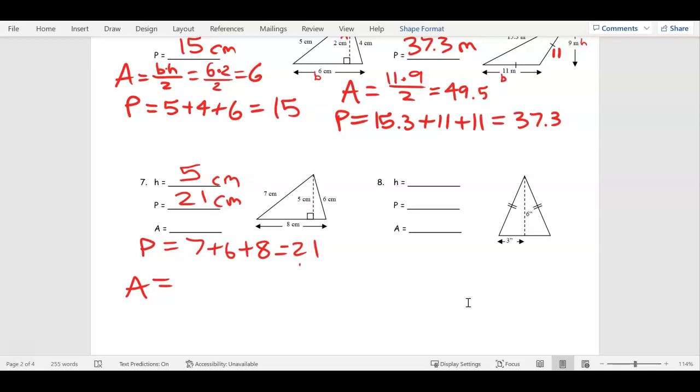Base times height divided by 2, right? So what's the base? What's the height? Okay, 8 times 5, and then we divide by 2. You should get 20, and the units of measure are centimeters squared because we're talking about area. Area is always 2-dimensional and squared. Now, last but not least, okay.